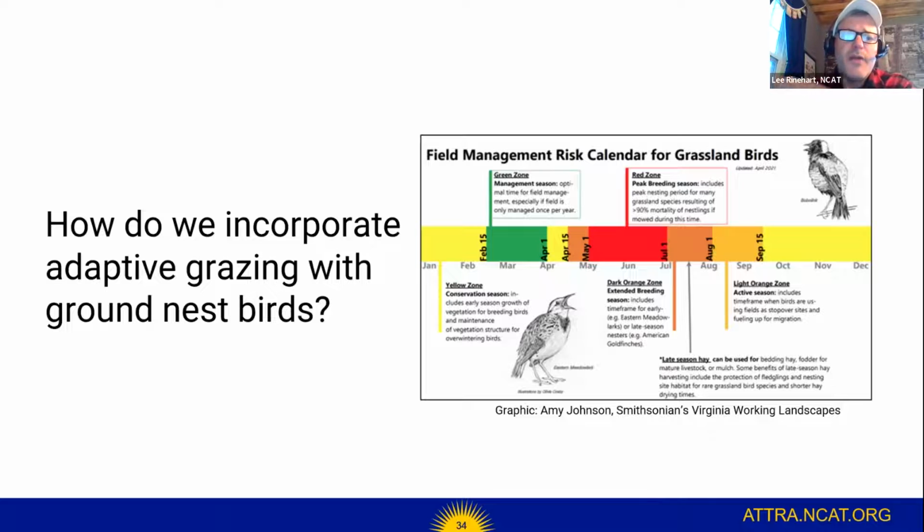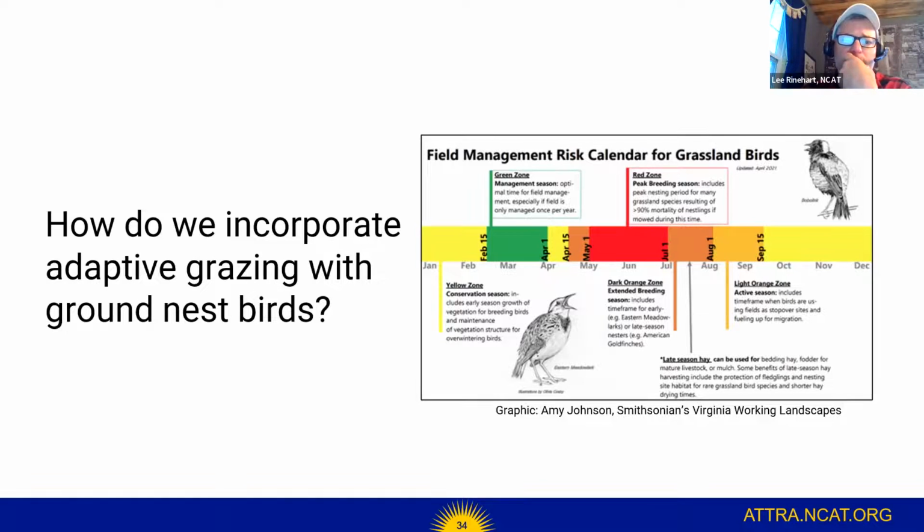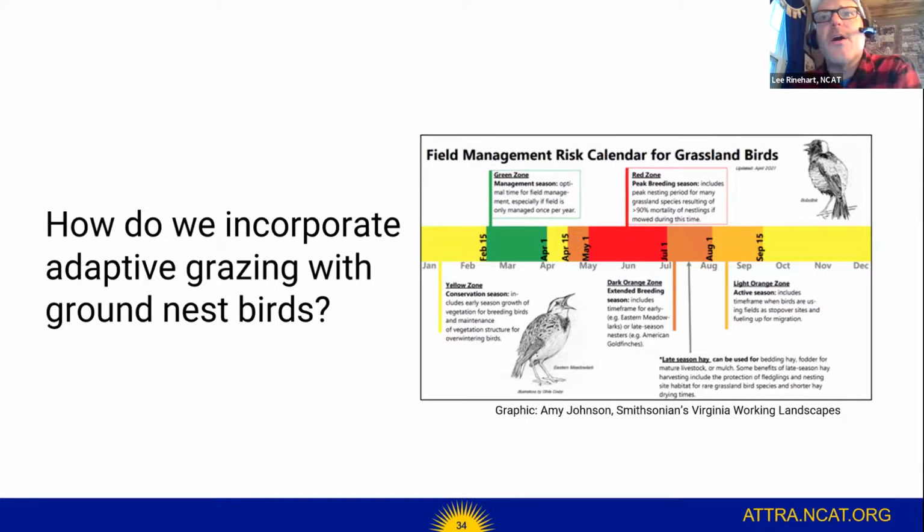We can delay our field maintenance until the midsummer. For fields that are managed annually, maybe once, the optimal time to manage those is usually in the very late winter, early spring, because that allows you to provide that cover for overwintering birds in that really good habitat.